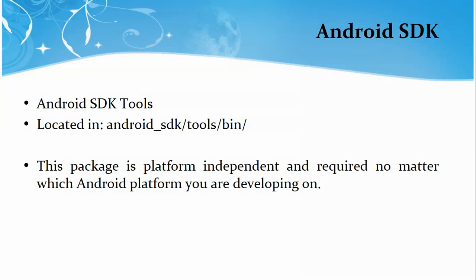You can change that location later if you want, but Android Studio normally puts it in this location. In Windows it is C, Users, whatever user is logged in, your name, then AppData, and in that AppData you will have a folder called Local. In that Local you will have Android, and in that Android you will have the SDK. So that is the location.